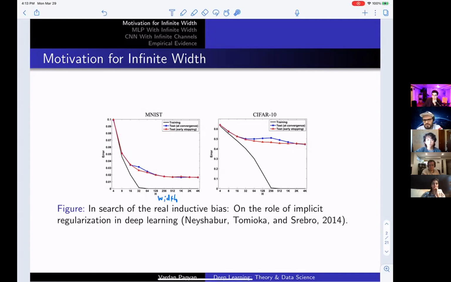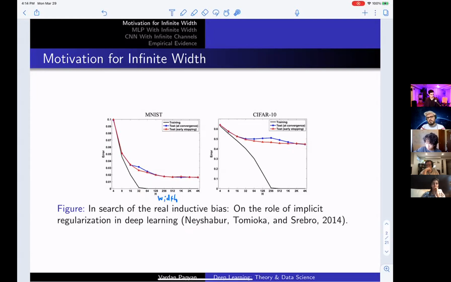I believe so. I don't remember the training specifics from the paper. You can look at the paper, but I would be surprised if it's not the same number of epochs and such. And so what you can see here is the test error as a function of the width.